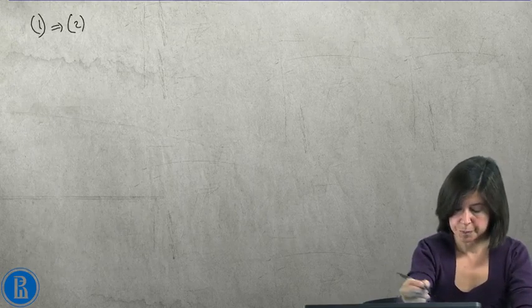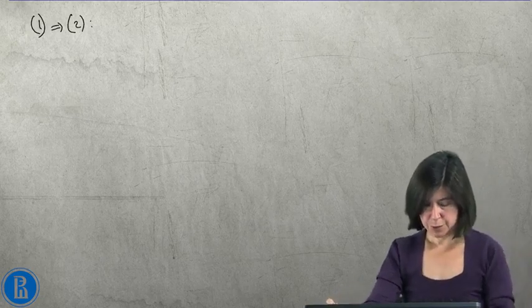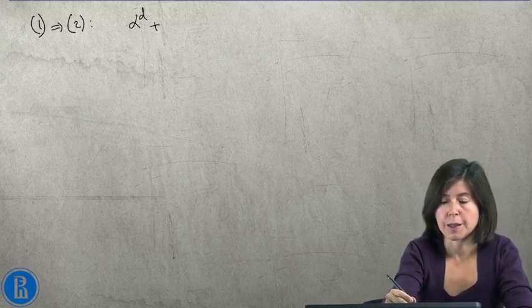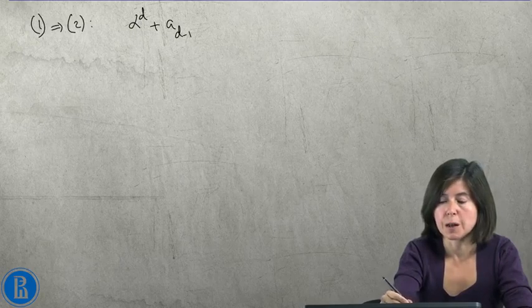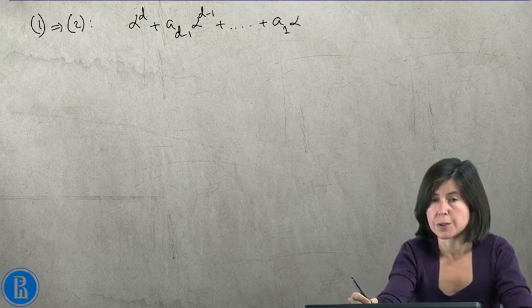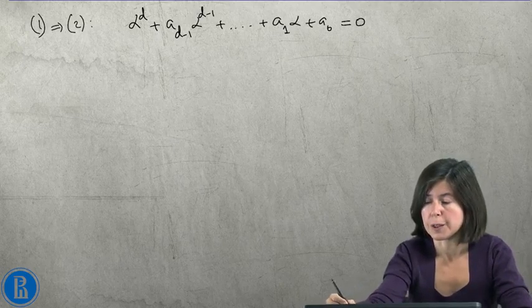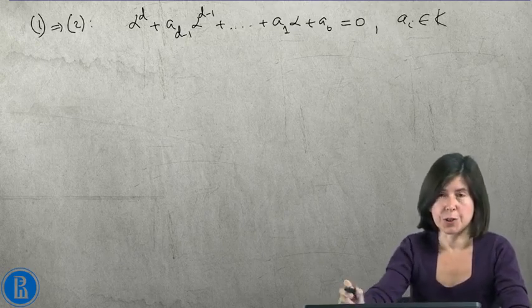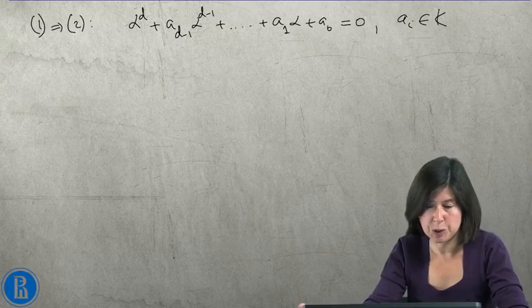Let me prove that 1 implies 2. If alpha is algebraic, then I can write alpha to the power of d plus a_{d-1} alpha to the power of d minus 1 plus, and so on, plus a_1 alpha plus a_0 is equal to 0, where the a_i are elements of K. This is just P of alpha, where P is a minimal polynomial.